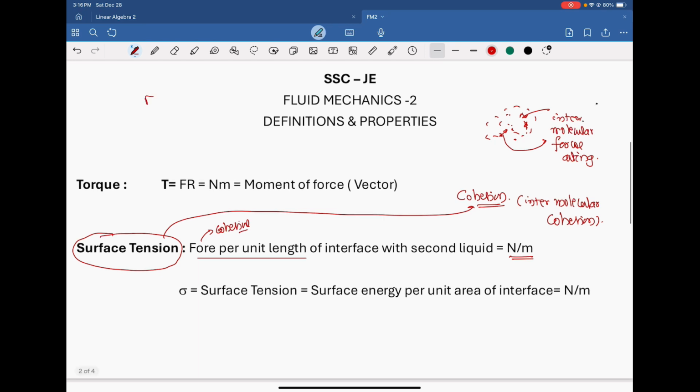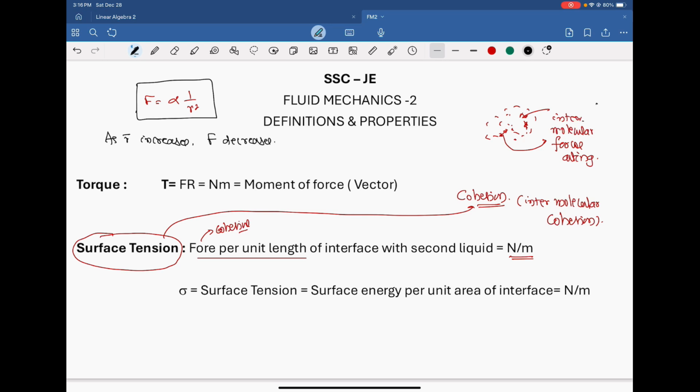What is the force? Force is inversely proportional to 1 by r square, from the basics we know. As the distance increases, as r increases, what happens? Force decreases.